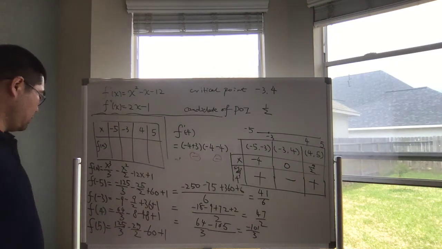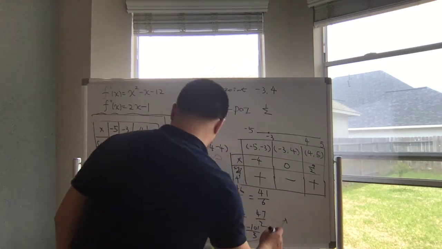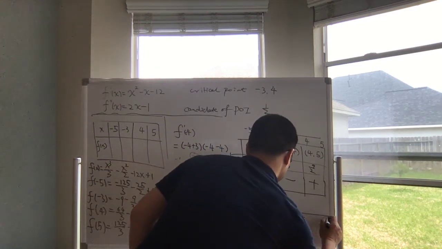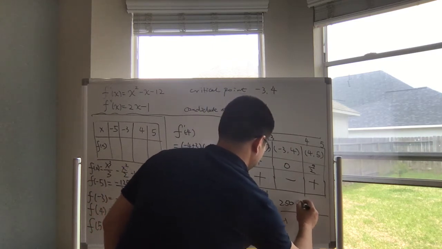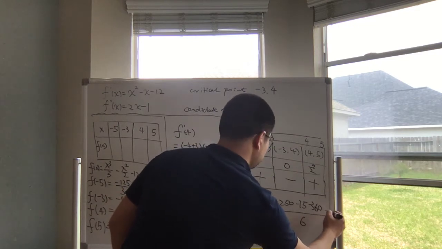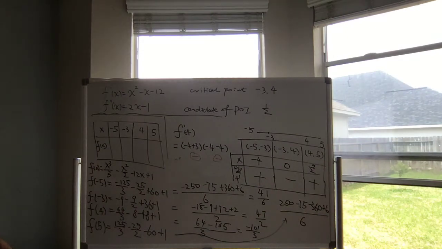The last one, over 6, it's 250 minus 75 minus 360 plus 6. Should be good.